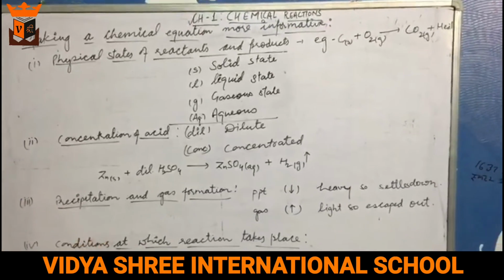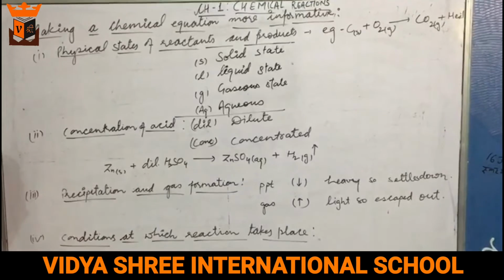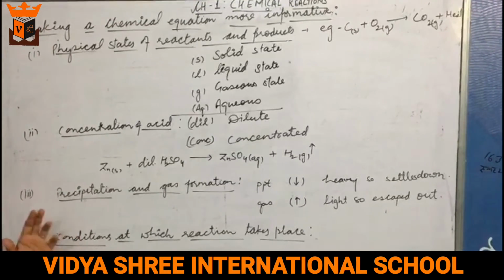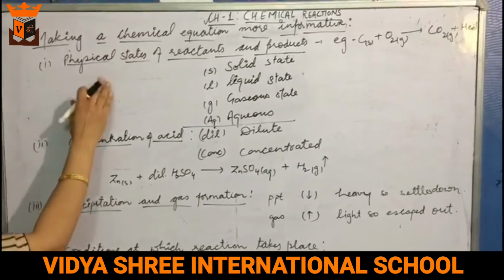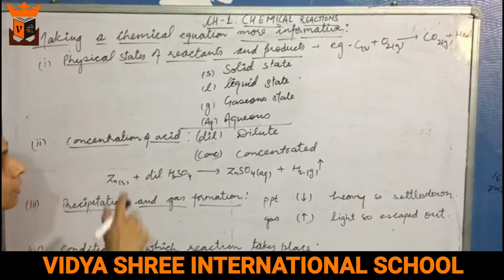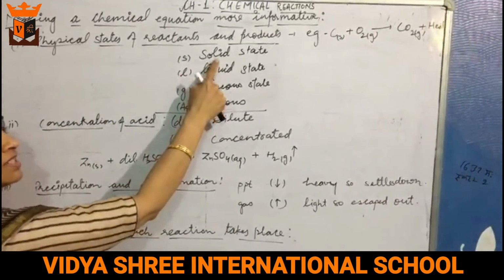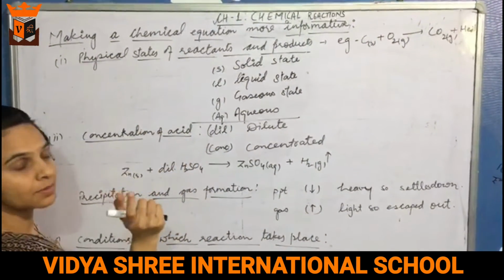This was about balancing a chemical equation where we got to know about stoichiometric coefficients. Now, making a chemical equation more informative. See, if physical states of reactants and products are told, then you have to use some symbols. If it is in solid state, then s, small s, in brackets like subscripts.